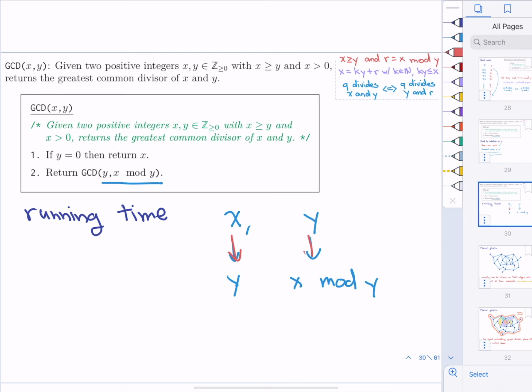Okay, then the remainder, oh, maybe this doesn't work. Okay. Yeah, is the remainder necessarily small? So, okay, if X was 99 and Y was 50, right?